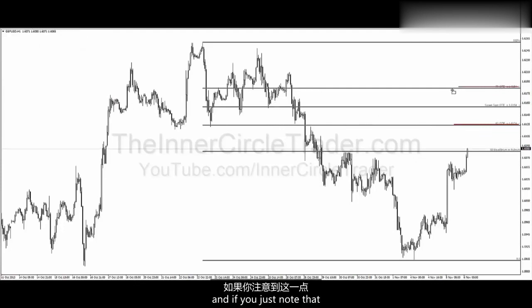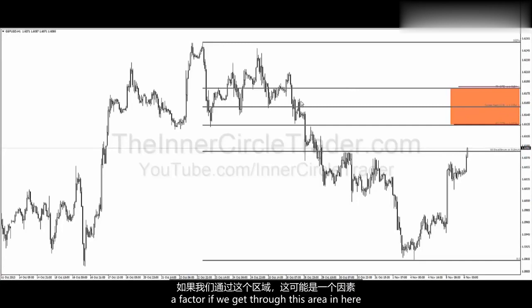If you just note that right in there, that would be a good area to hunt some scenarios. We have an order block in here that could be a factor if we get through this area, because this is a nice support level, never been retested.